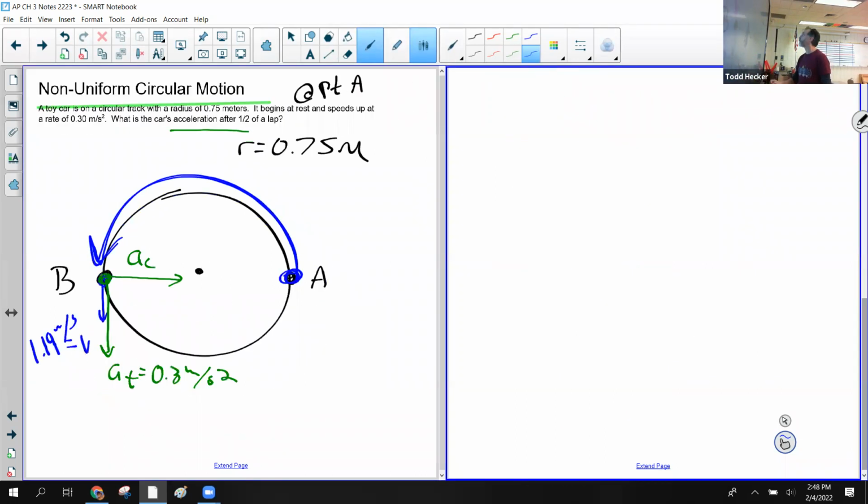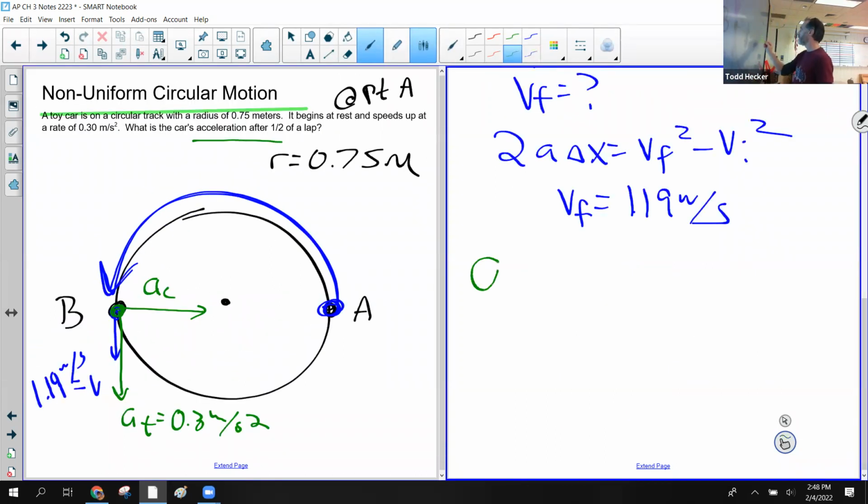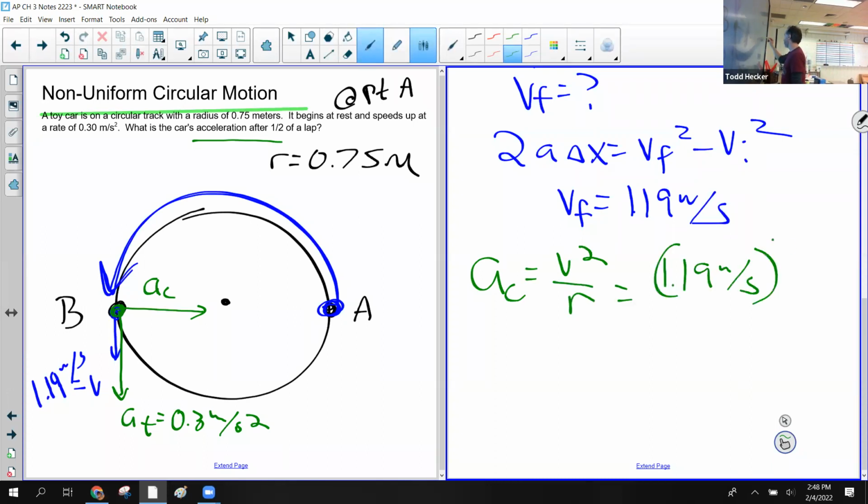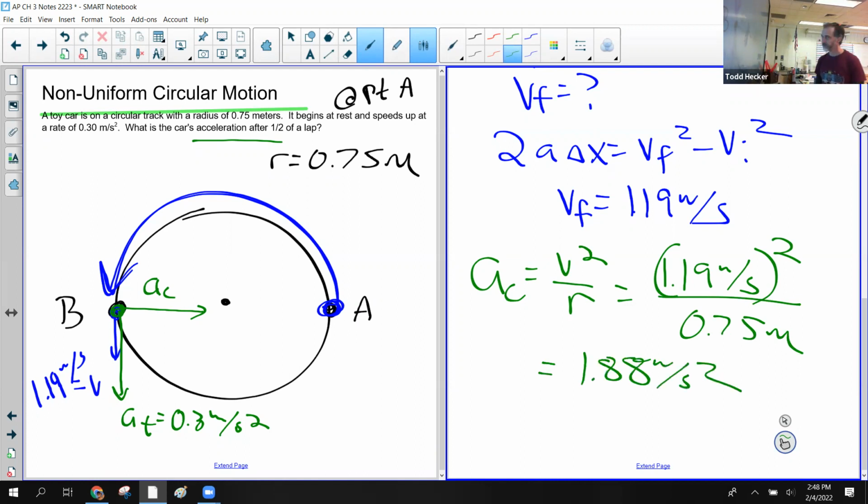So now we can find our centripetal acceleration at that point. Well, at that point, the velocity is 1.19. Don't forget to square it and divide it by your radius. Multiply that out, and it gives you 1.88 meters per second squared. So that's my centripetal acceleration.